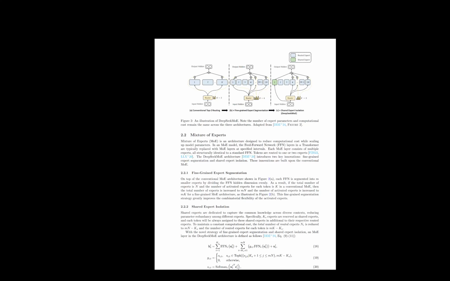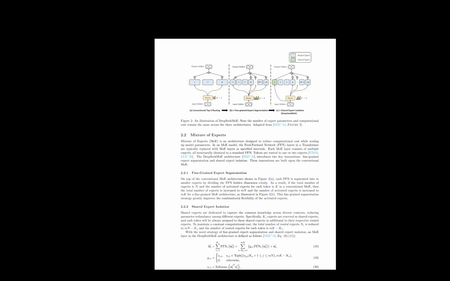Tokens are routed to one or two experts [FCS+22, LLX+20]. The DeepSeekMoE architecture [DDZ+24] introduces two key innovations: fine-grained expert segmentation and shared expert isolation. These innovations are built upon the conventional MoE.